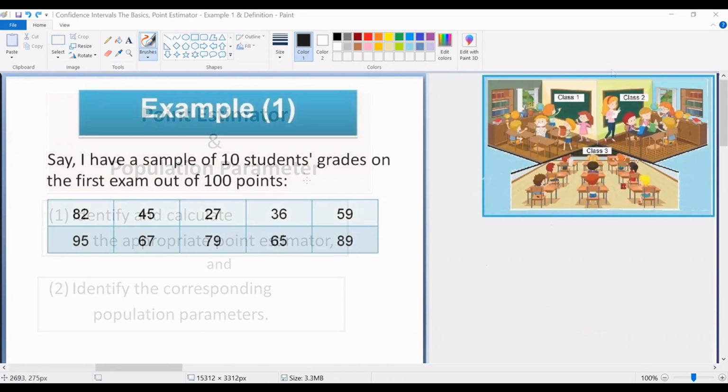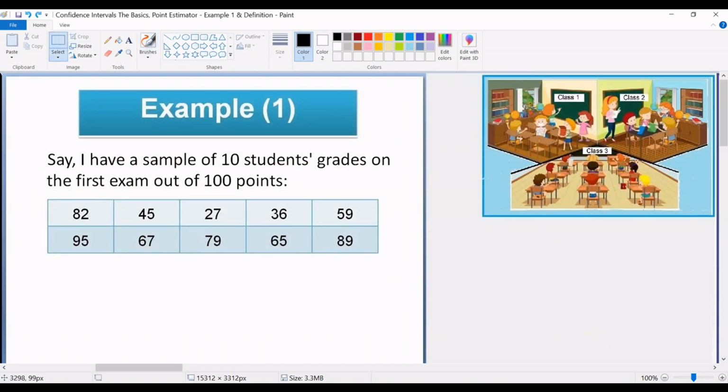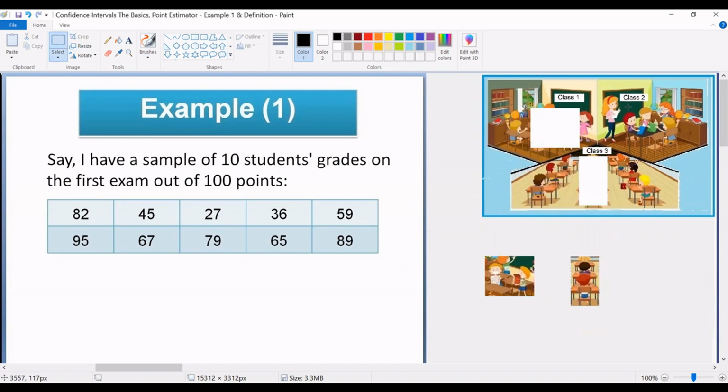Let's consider the following example. Let's say I have a total of 3 classes, and I'm going to be sampling a total of 10 students out of these 3 classes. On their first test score out of 100 points, I have the following grades of these 10 students.